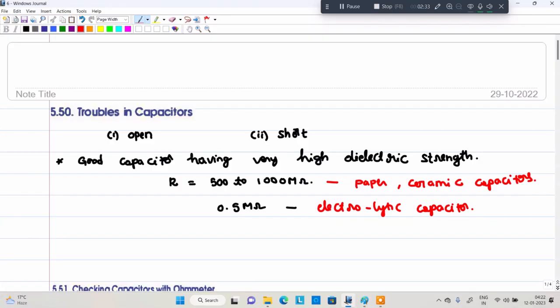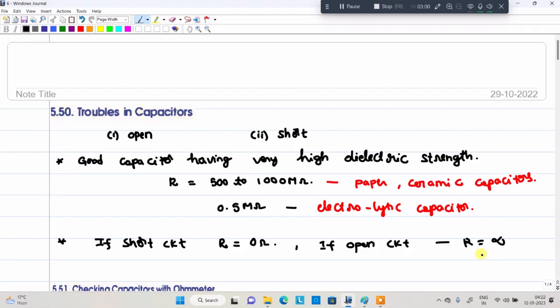Now in case the capacitor is short circuited, the internal resistance value is 0 ohms. There is no internal capacitance. If it is open circuited, the internal resistance may be infinity.